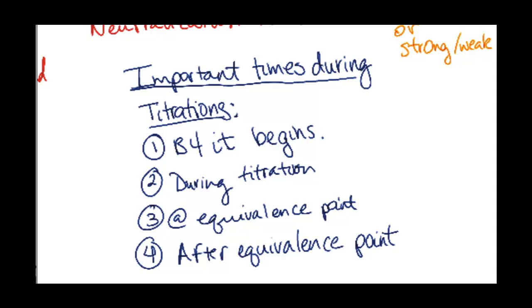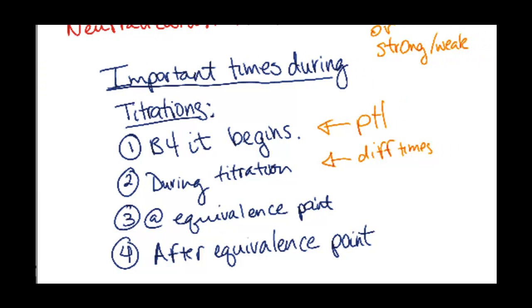We're going to try to find and look at the pH before it begins. We're going to find it during the titration at different times after different amounts of titrant have been added.